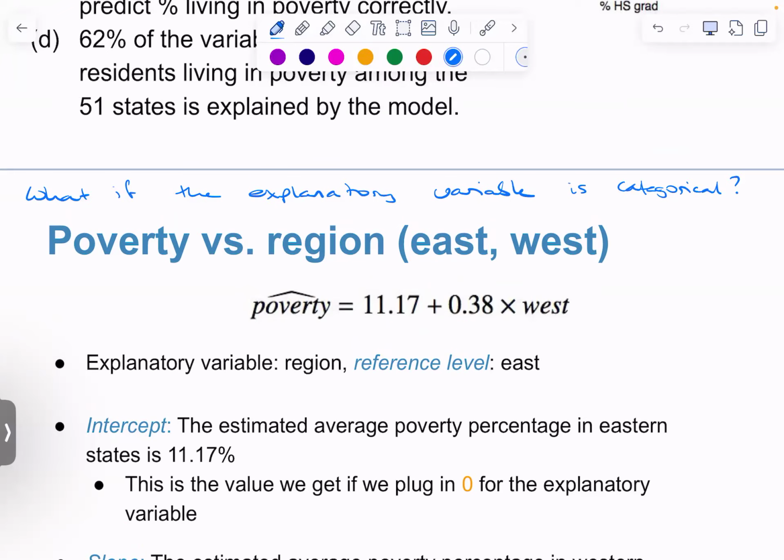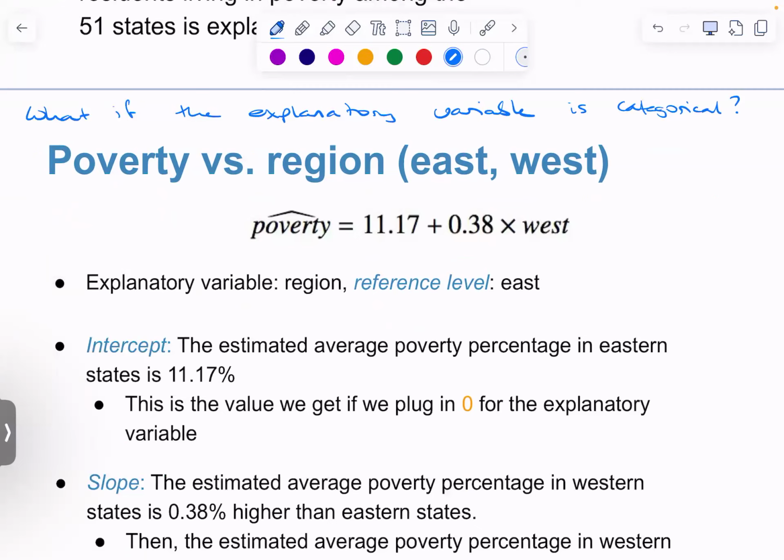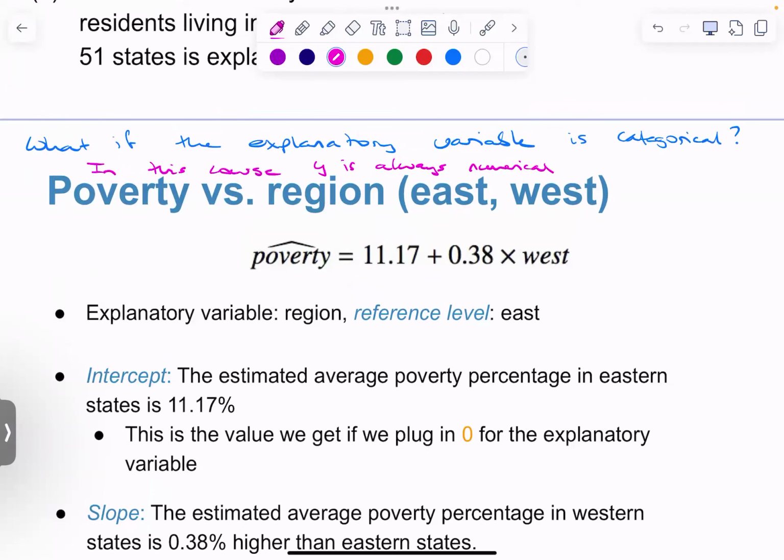In this course, Y is always numerical. We can absolutely model categorical response variables, but that's not for us to do. The explanatory variable is your X, so the X can be numerical or categorical. What happens when we have a categorical variable?